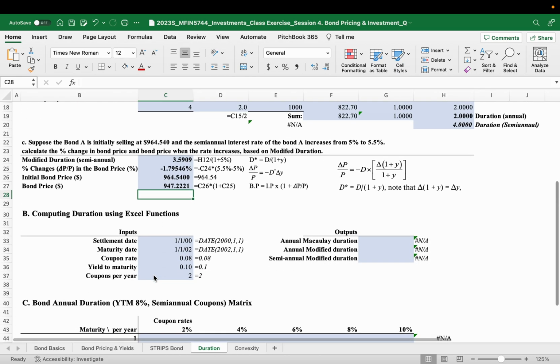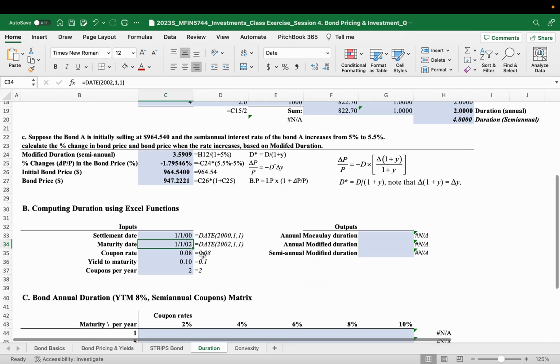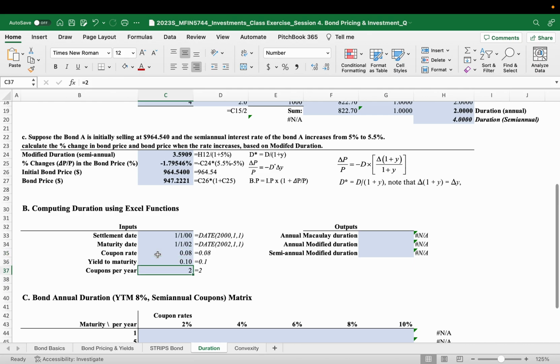Okay, you can also calculate duration using the Excel function. Here, you got the settlement date, any settlement date here, right? The settlement date, the coupon rate, the yield to maturity, and the coupons per year.